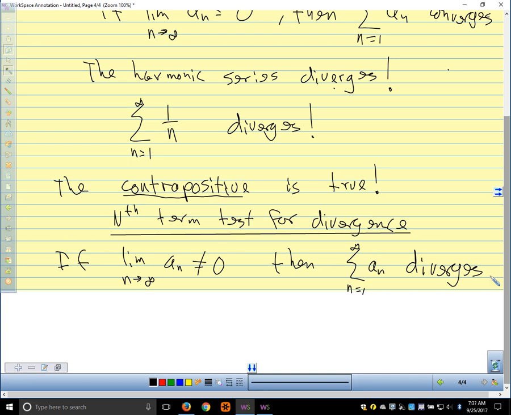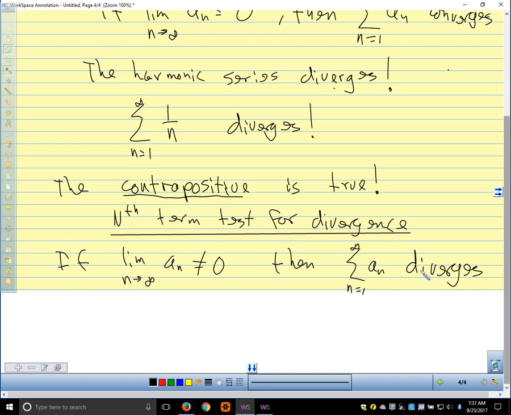The contrapositive and the original statement are logically equivalent. So we change the order and put not in front of everything, and we get something that's logically equivalent to our original. So this is equivalent to saying if the series of a sub n converges, then the limit of the terms approaches 0.